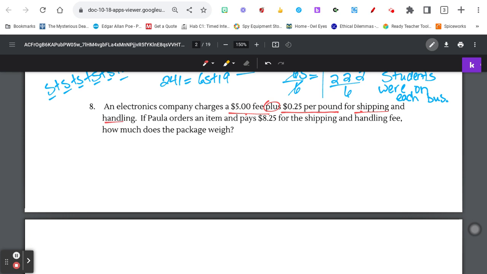Okay, if Paula orders an item and pays $8.25 for the shipping and handling fee, how much does the package weigh? Okay, keep in mind there's also a $5 fee, just a $5 charge, but it says how much does the package weigh. All right, again, you're going to write an equation and you're going to solve. So I need you to be able to give me an equation and also give me an answer for the weight of the package.